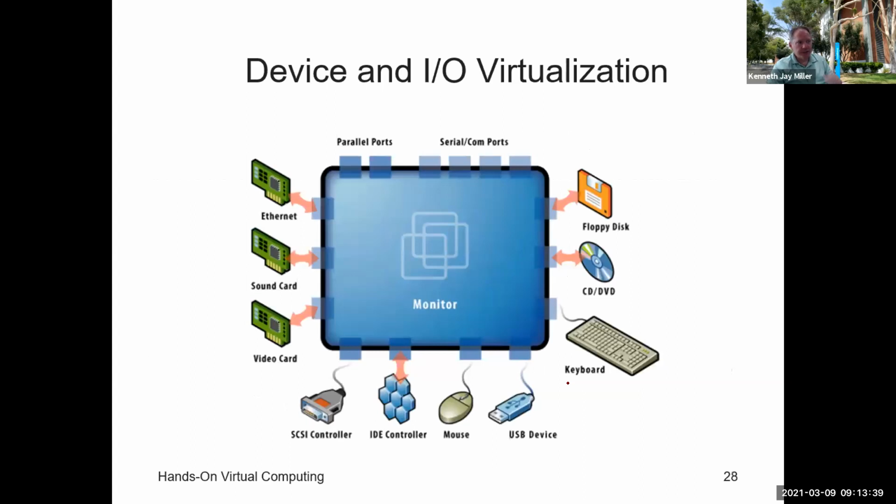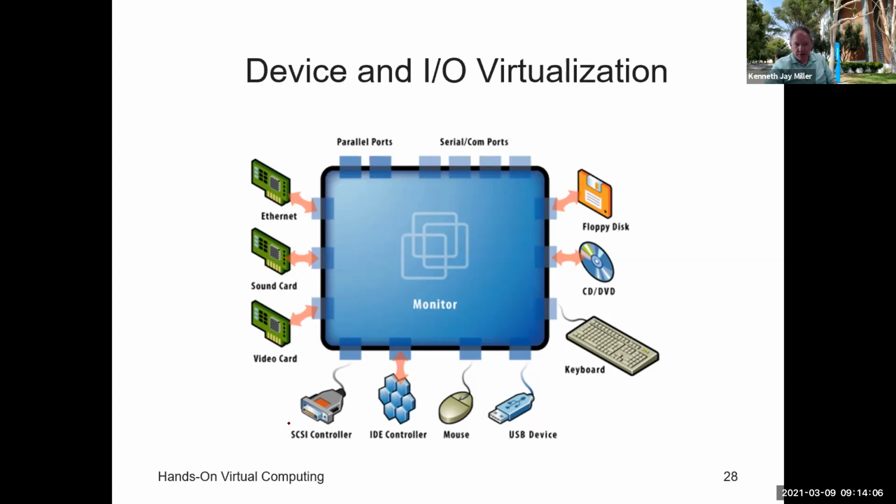Okay, so here's a system showing the host machine in the center, and it's going to virtualize all of these different devices. Like I asked you last week, what type of hard drive controller is in our virtual machine?